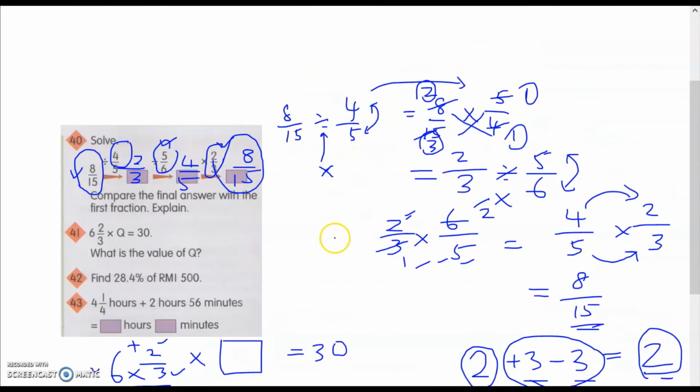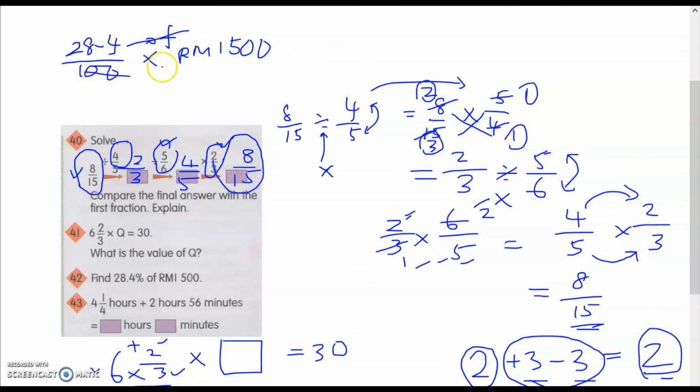Okay, question 42. Find 28.4% of 1500. So 28.4% we put it over 100. Okay, the word of means times 1500.